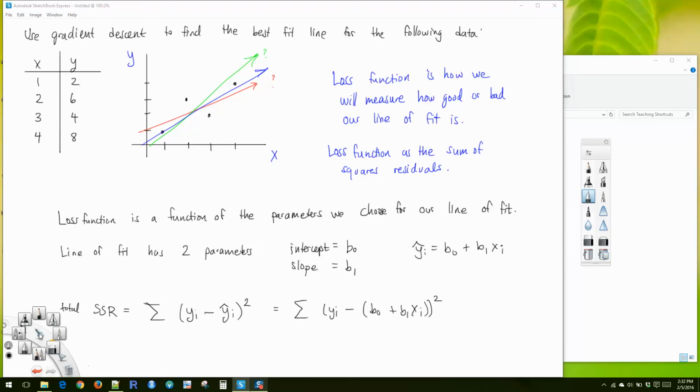All right, so I'm going to copy this over. This is the function that we are trying to minimize, just to remind us.